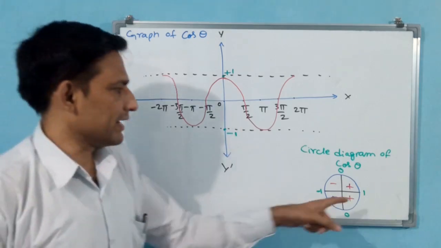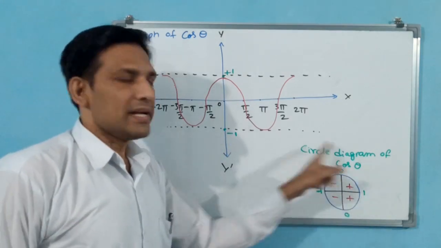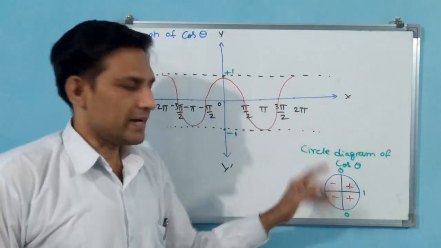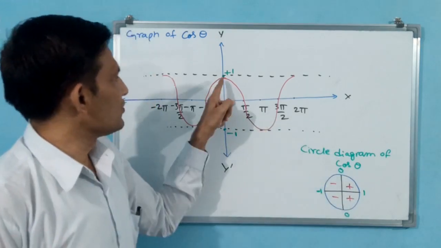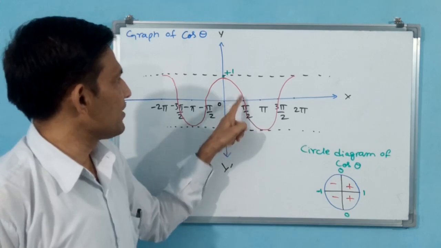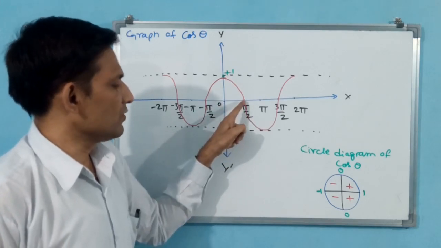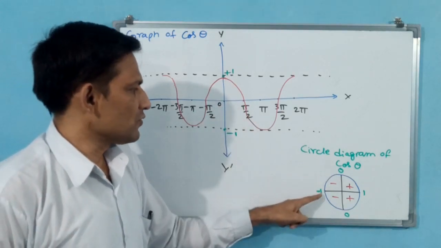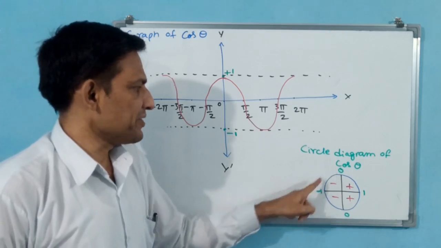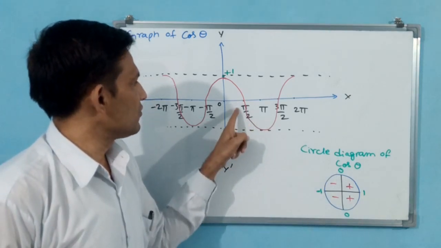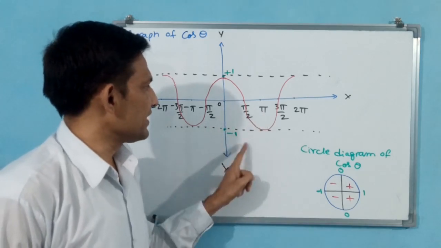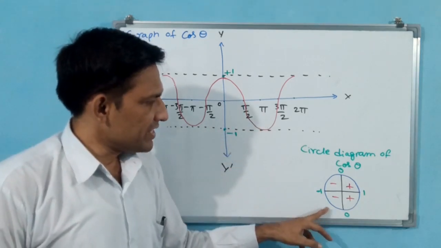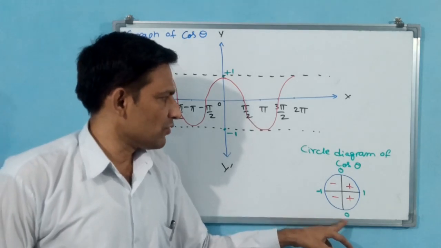Okay, now you come back again. See, positive angle, let us see from here to this side. At 0 degree 1, at 90 degree, pi by 2, 0. Then from 0 to -1, from 90 to 180 degree.